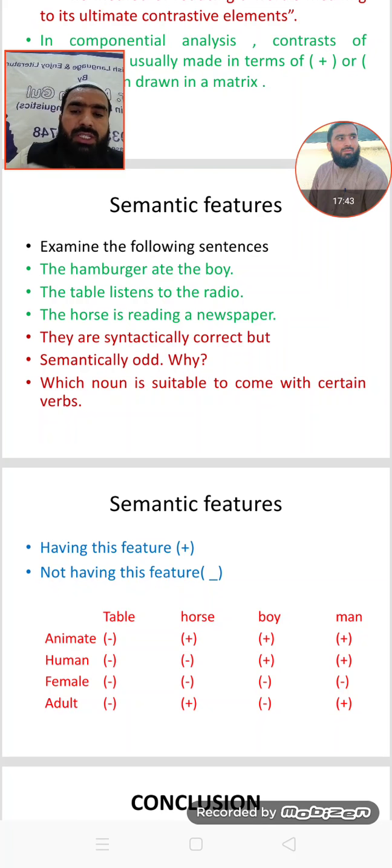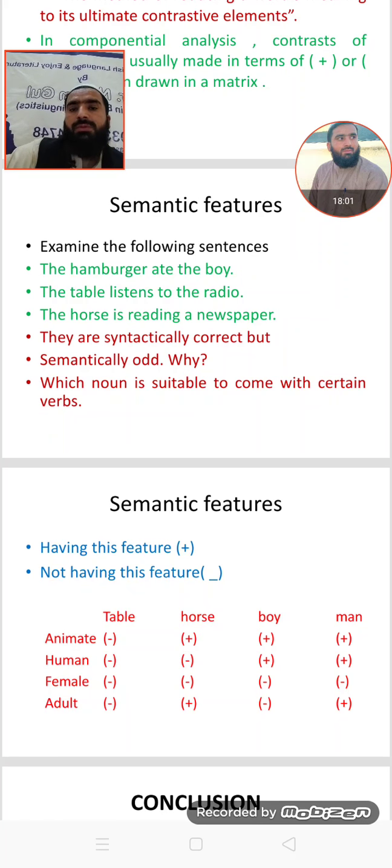So structure-wise, again I am saying, in syntax and morphology these are correct because the structure is the same. The structure is okay, but there is oddness in meanings.